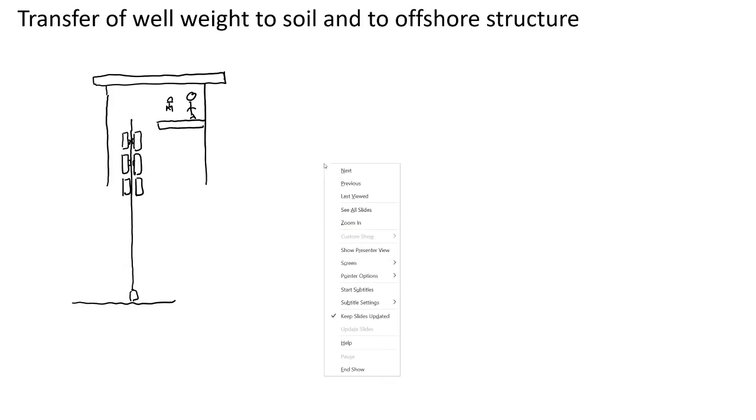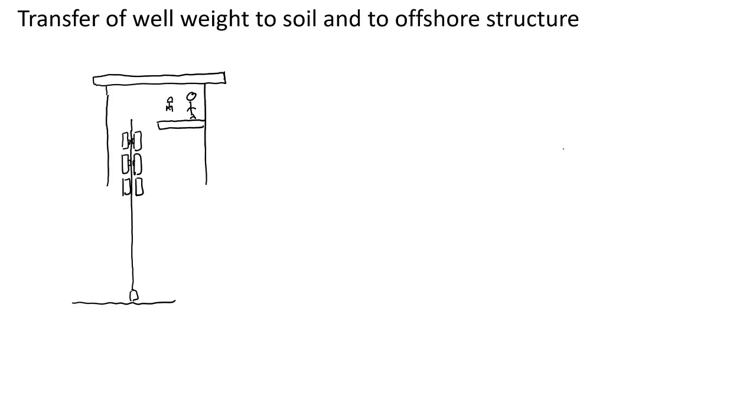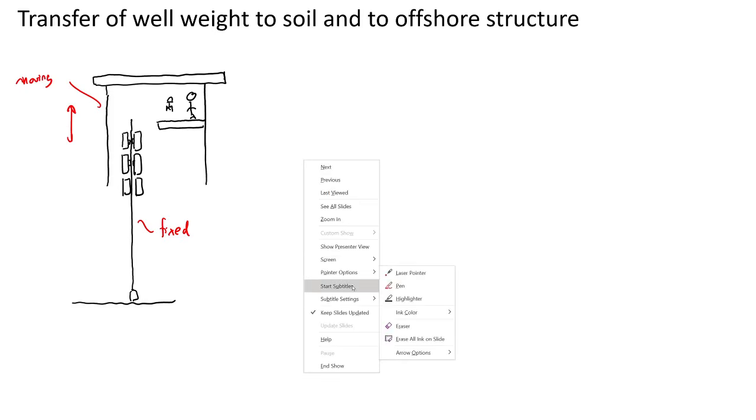This part, let's use colors now, is going to be fixed. This is going to be moving, for example up and down. Okay. Let's put the sea level. Okay, very important.